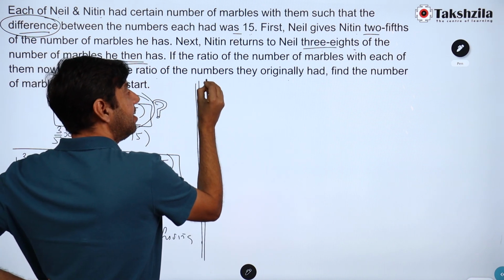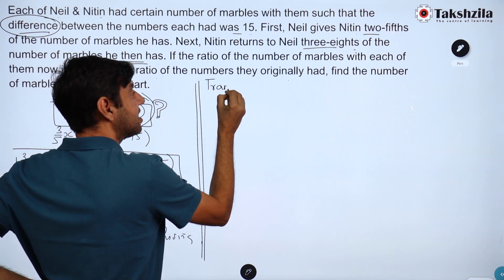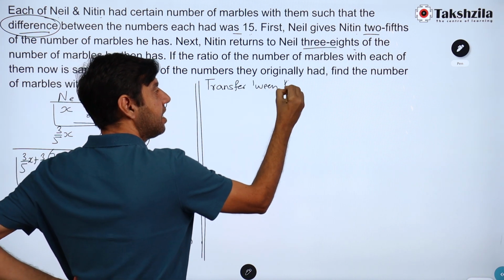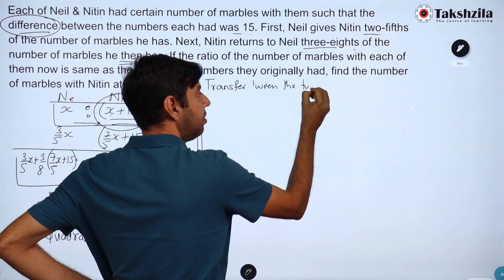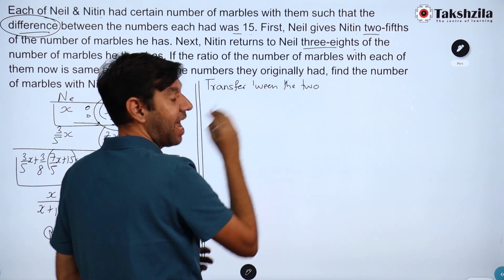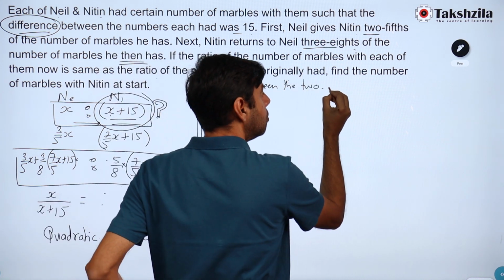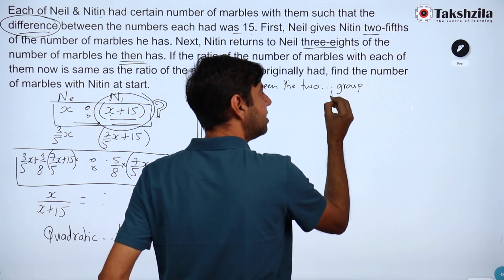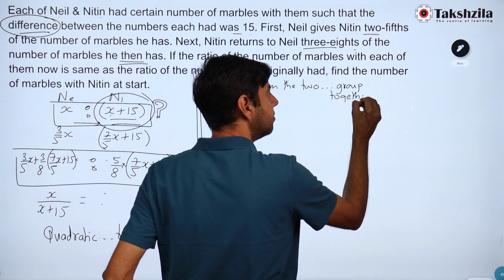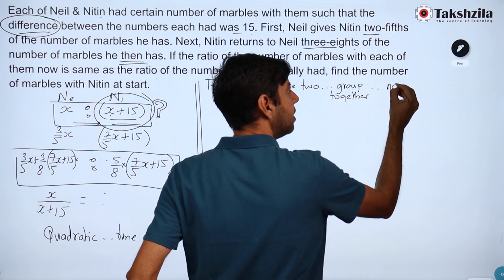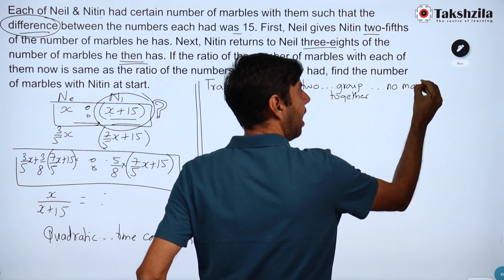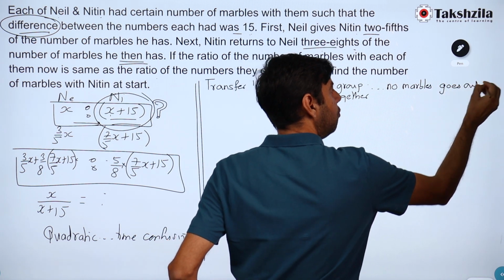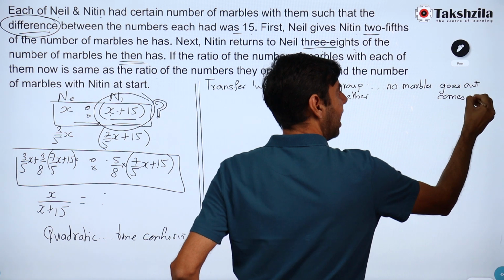If I consider it is just a transfer between the two, think about the logic: what you need to catch when you think of a transfer between the two. When I take them as a group, when I consider them together, no marble goes out, no marble comes in as a system.